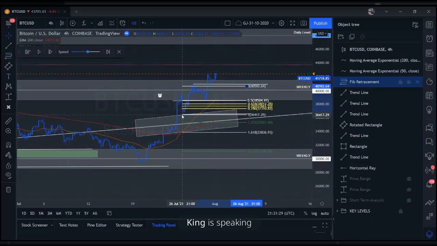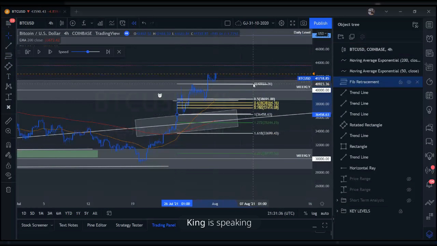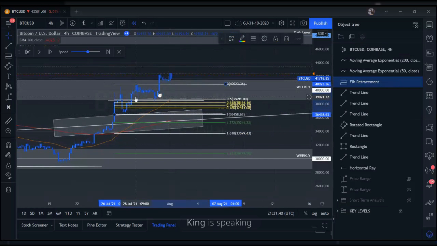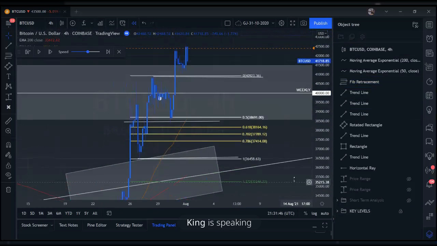And then let's see about this swing here. We got a similar thing happening here. It was more of the 50% fib level where the reaction happened.